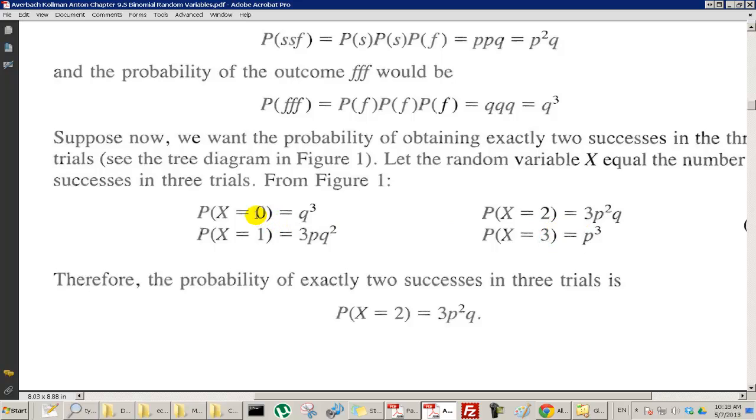So x equals 0, in this case, would be getting no 4s. X equals 1 would mean getting exactly 1 4 in 3 tosses, getting exactly 2, we just did that, and getting exactly 3. So we just have to do q cubed, 3p q squared, and p cubed.